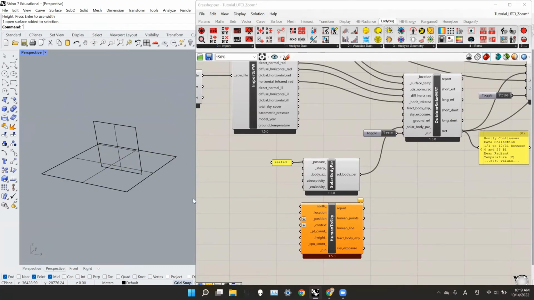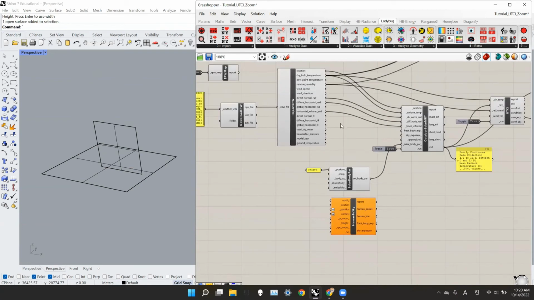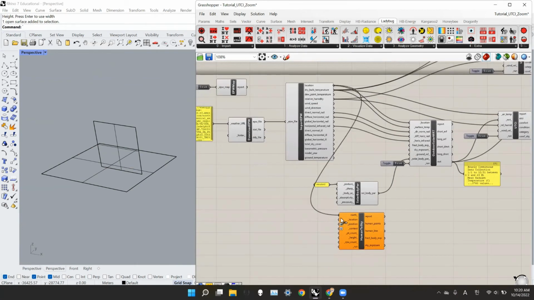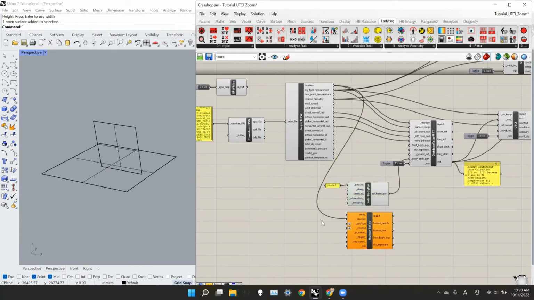And let's see. So we need location. We need position of the person. What we can do is remake a point. That's the easiest one.